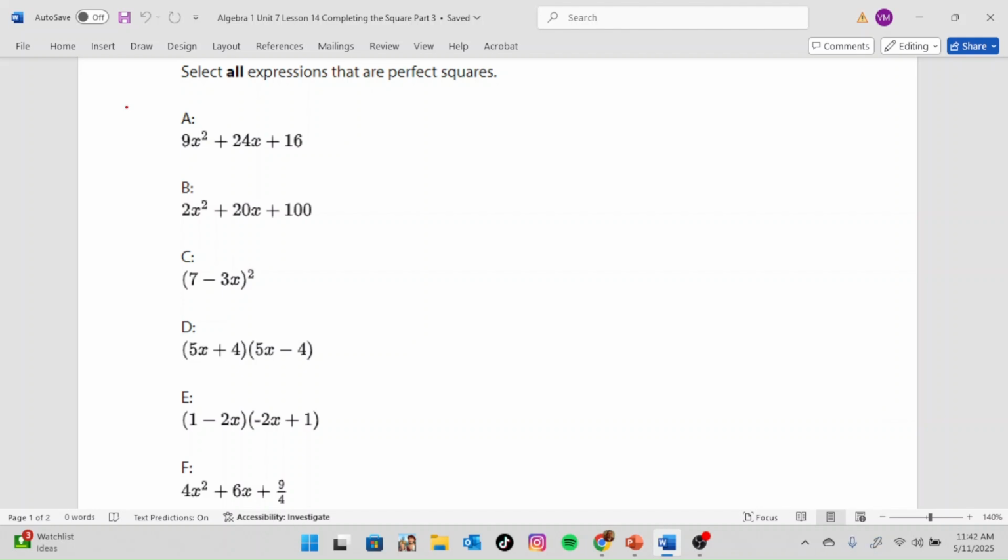If I look at C, I have the factor 7 minus 3x being squared. That means it is 7 minus 3x times 7 minus 3x. So this is what we mean by a perfect square.